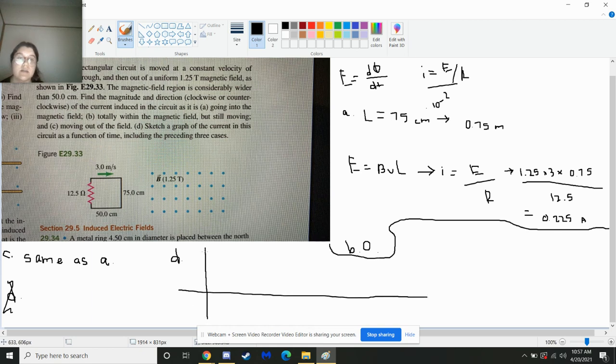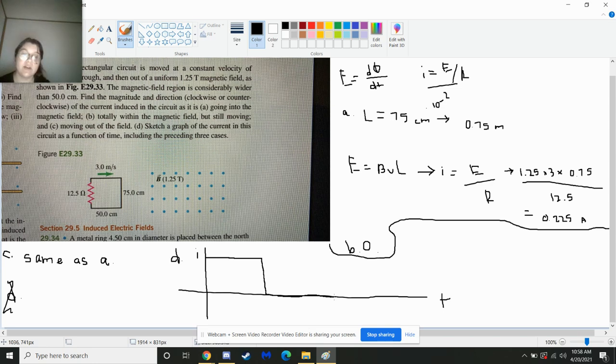This is going to be a very rudimentary graph, but you can just put I and then T. Really what we're looking at is this is A. And then once it's within the magnetic field, at B, we're going to experience a super sharp drop, because there's no magnetic flux, so there's no induced current. So the I is at 0, and we're going to be traveling along this until we exit the field.